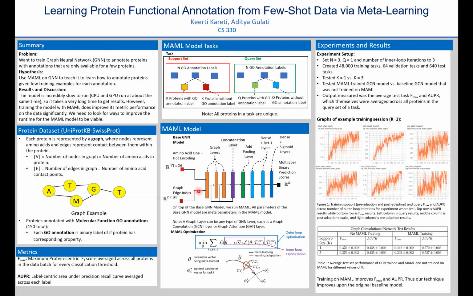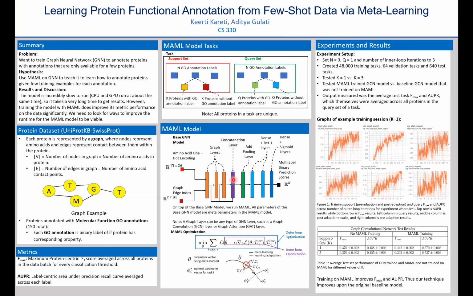They first travel through graph layers. Graph layers can be any type of GNN layer, such as a graph convolutional layer or graph attention layer. Each of these layers outputs a node embedding for each amino acid. We take the outputs of all of the graph layers and concatenate them in the concatenation layer. Then we use the add pooling layer to add up all of the node embeddings for each amino acid to get a single vector for the protein.